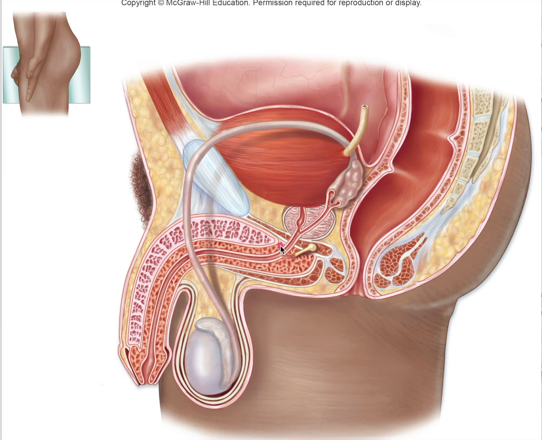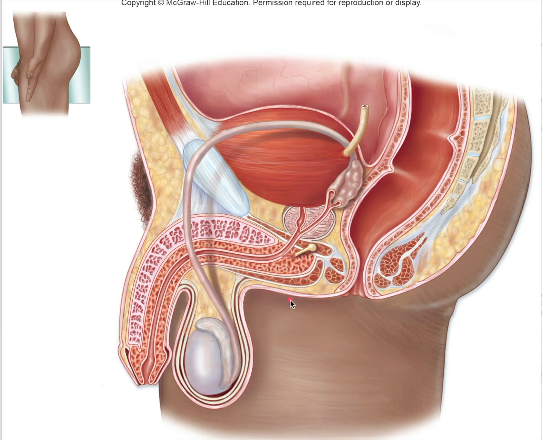The reason why we don't want it to engorge with blood is we want the urethra to remain patent during an erection. And the glans of the penis is also made up of that corpus spongiosum. So the glans stays soft during an erection as well. I did notice on a quiz it had this surface labeled, so that would be the dorsal surface, and this underside labeled, and that would be the ventral surface.